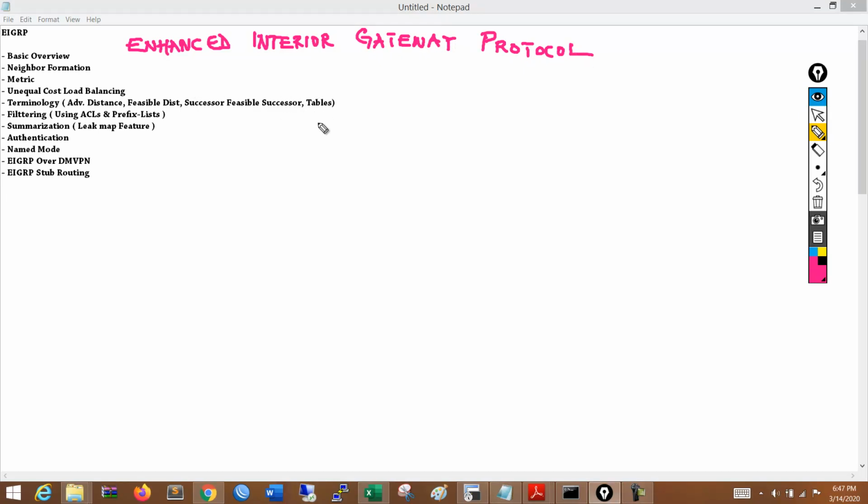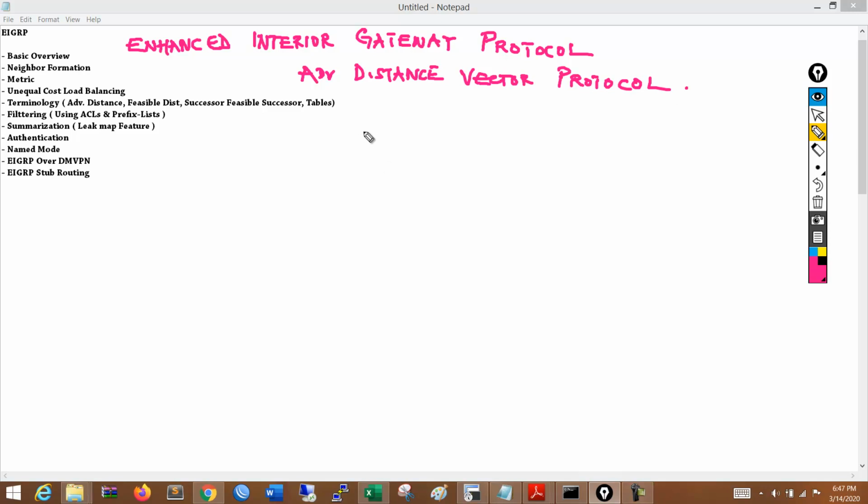That's the full meaning of EIGRP. It is regarded as an advanced distance vector protocol. Okay, why is it called an advanced distance vector protocol?